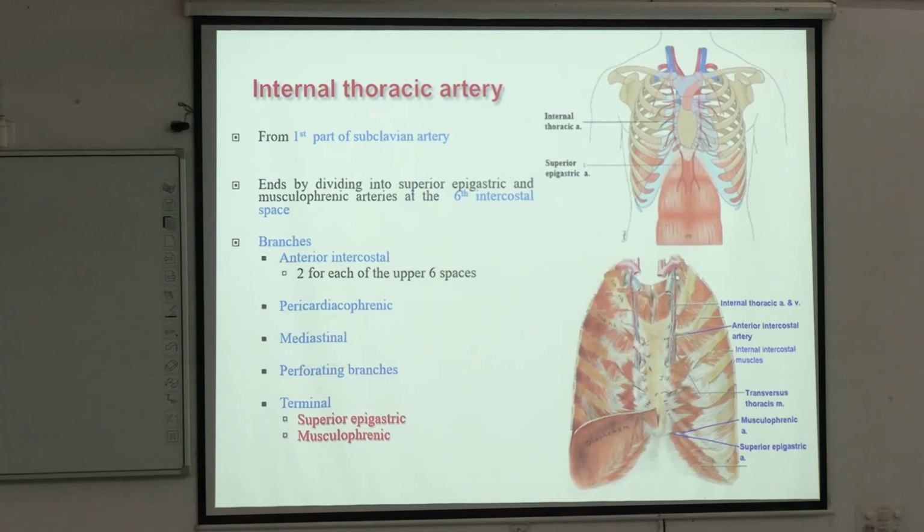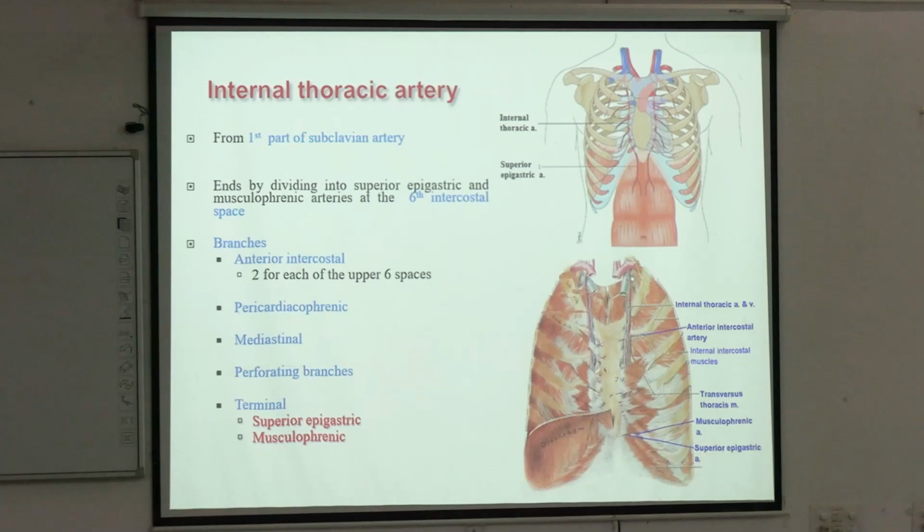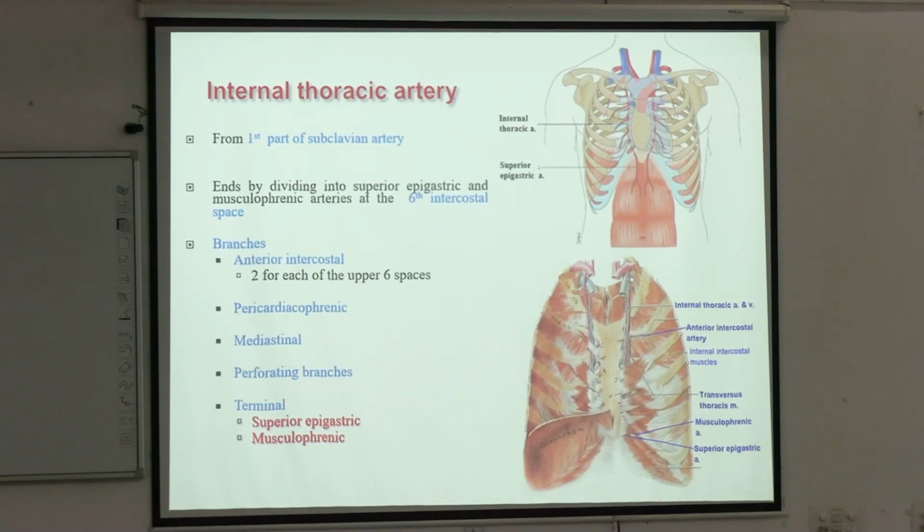So, this internal thoracic artery is a branch of the first part of the subclavian artery, and then it comes down straight on the right side and left side. We have two of them, the internal thoracic arteries. They course down by the sides of the sternum, and in each of these spaces it sends two of these branches.